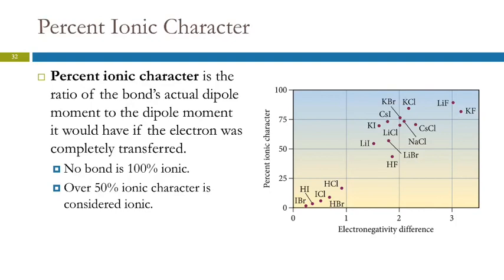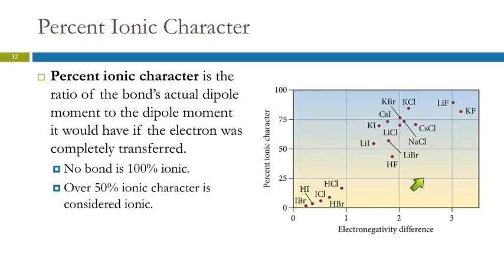So the percent ionic character is the ratio of the actual dipole moment to the dipole moment it would have if the electron was completely transferred. And so what we see is that there's actually no bond that is 100% ionic. We think of them that way because it's good enough and it's a lot easier.